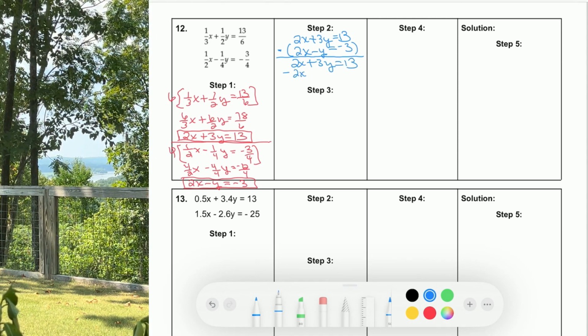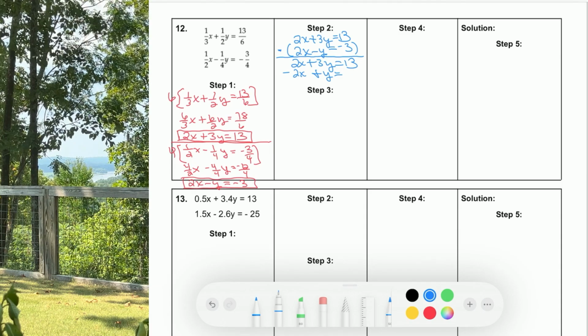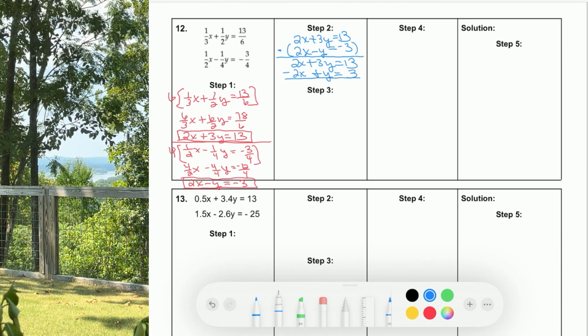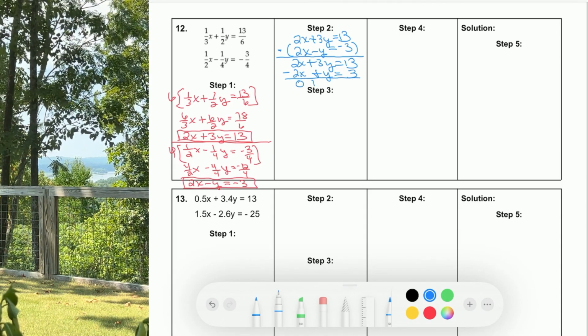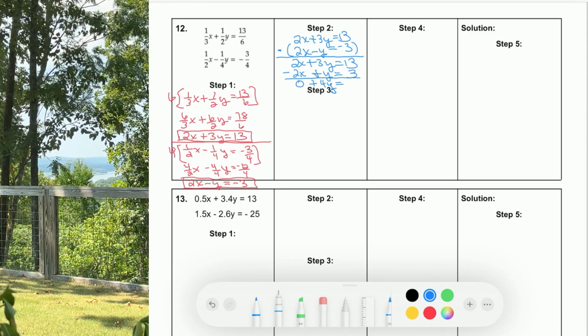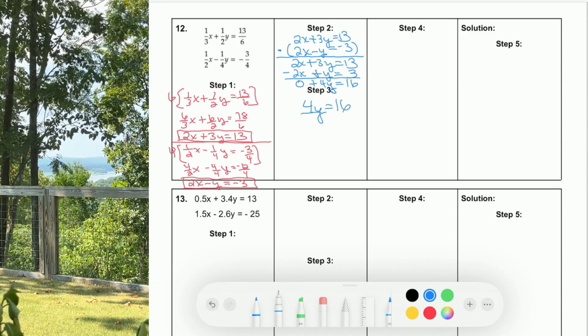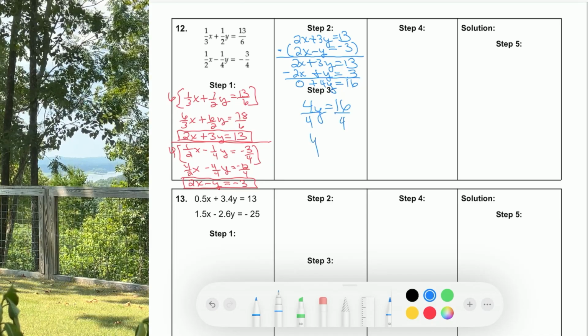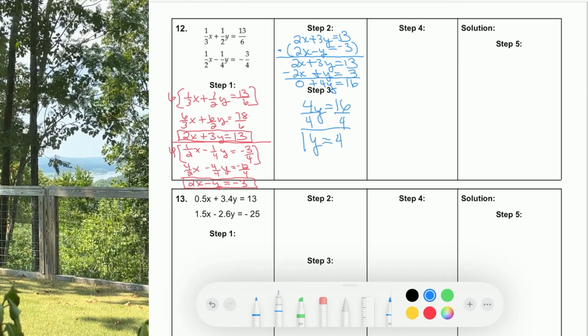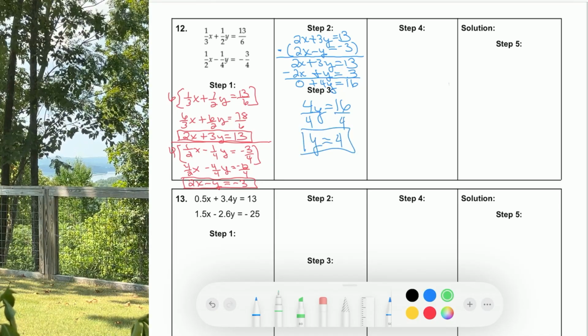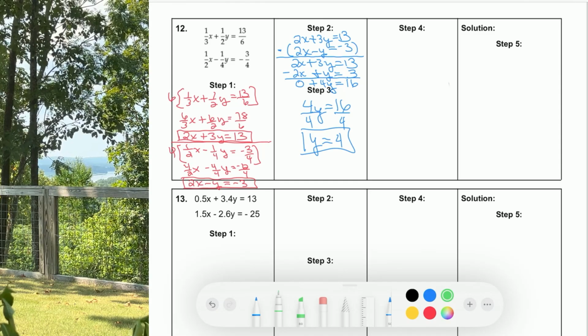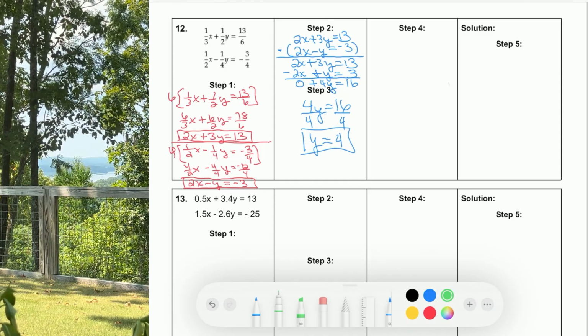Negative 2x plus y equals a positive 3. My x's cancel out, so I get 0 plus 4y equals 16. Bring that down here. Divide by 4, and I get y equals 4. All right, now that we have our y value, y equals 4, let's pick one of our equations.